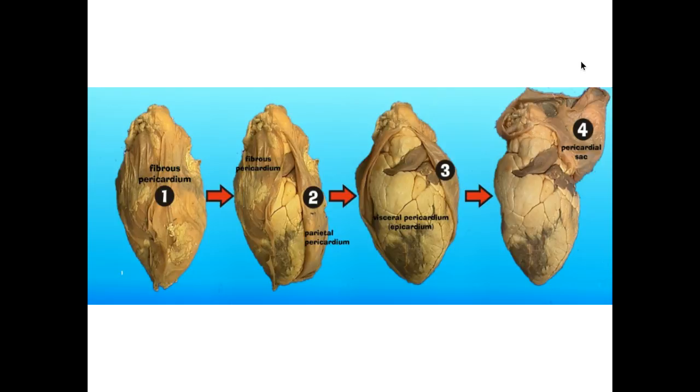So as you can see, there's that fibrous pericardium on the outside. When we take that layer back, we can see the pericardial sac over there on the side. And that visceral part of the pericardium, that's the epicardium.